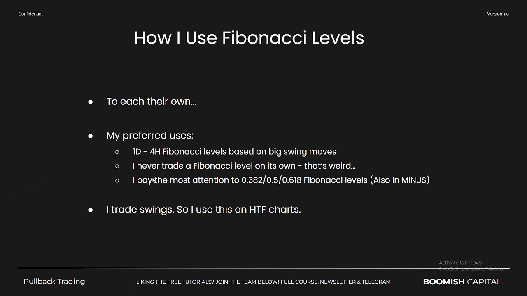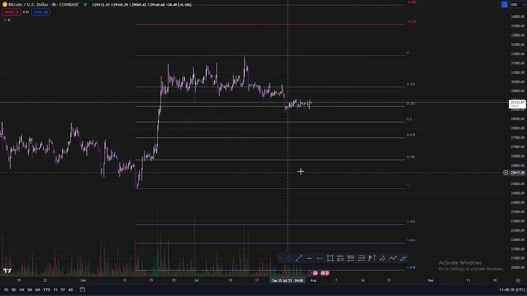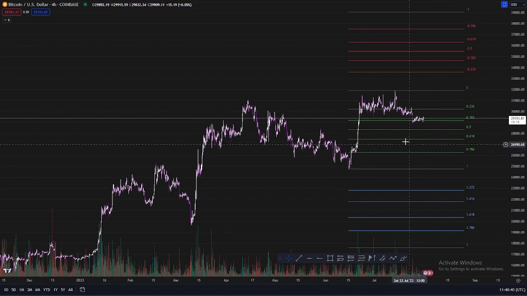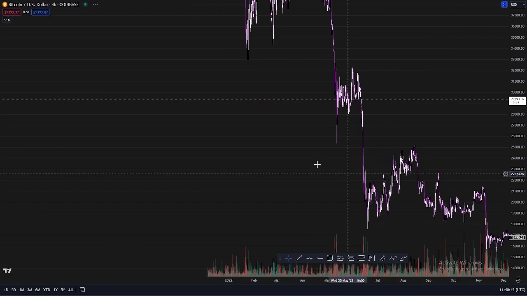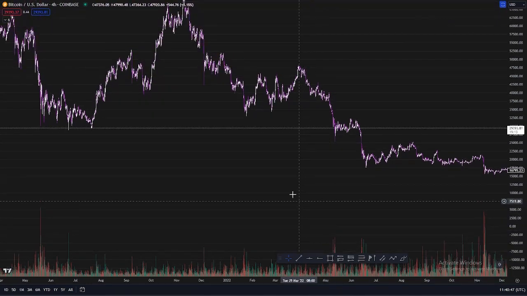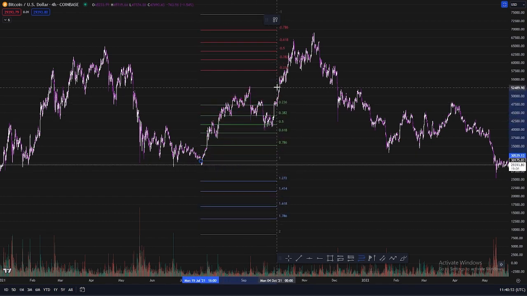And I personally pay the most attention to the 0.382, 0.5, and 0.618 Fibonacci levels, also in minus, so that you could see that earlier where I decided to use minus 0.618 as a resistance level. It must have been here, I think, when I drew it out. Whatever, we'll just draw it out like this.